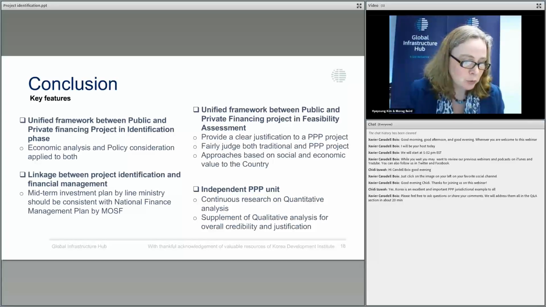They have a quite structured process working through the project identification, feasibility assessment, and value for money assessment. The roles of the different agencies has also been interesting, and the Analytic Hierarchy Process has brought together how to look at public projects and the PPP approach in a consistent manner, considering wider aspects, which are interesting in terms of lessons learned, like the geographic spread and the impact on employment.